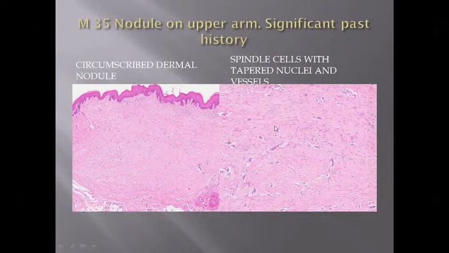And when you see the higher magnification, you see that the spindle cells have got tapered nuclei, and there are plenty of vessels scattered around in the lesion itself. When you look at the scanning magnification itself, you can see that these vessels are there all over the place. So there are plenty of these vessels amongst the spindly cells.